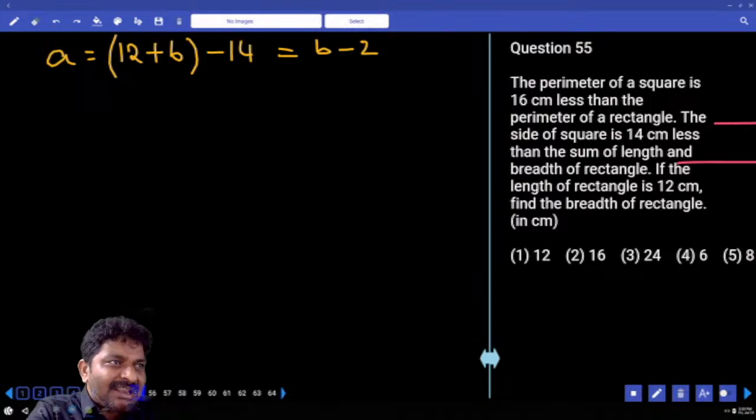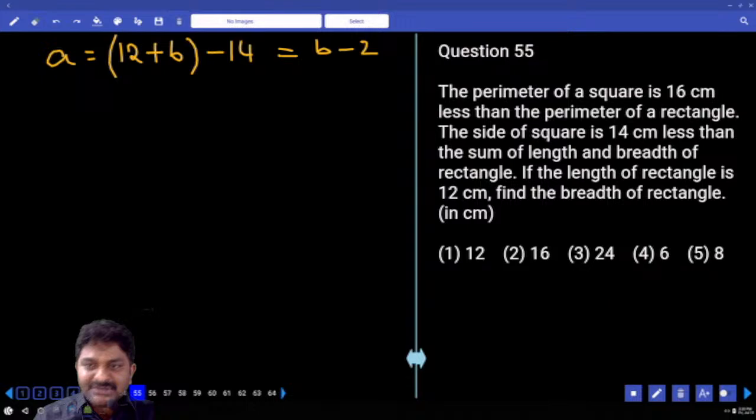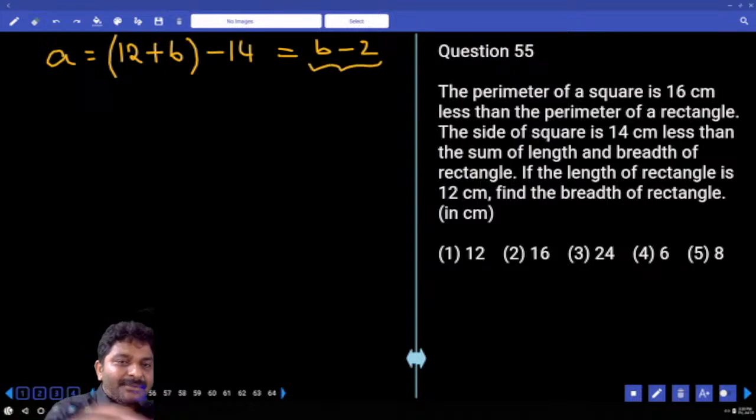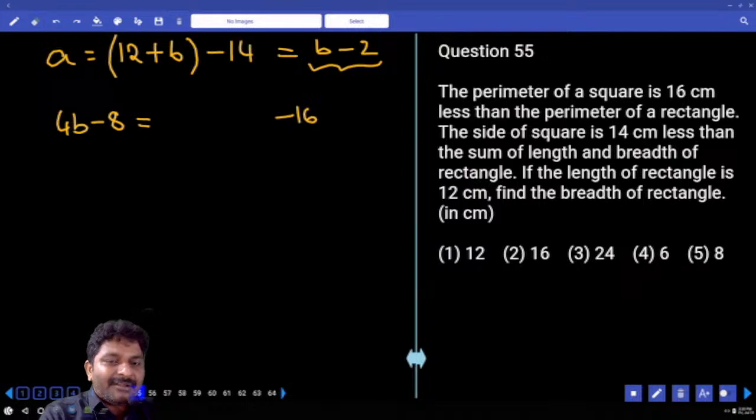Simplify చేశాను నేను, ఏం చేయలా. ఓకేనా? రైట్. Perimeter of the square, 4 times of this number, 4b minus 8, is 16 less than perimeter of the rectangle, 2 times of L plus B. Okay na?